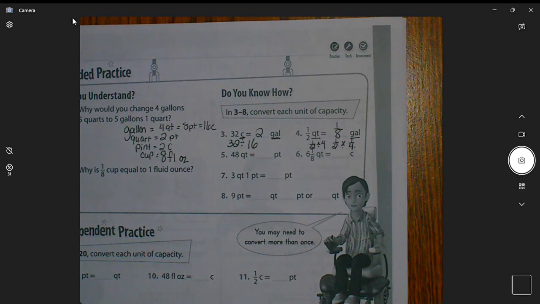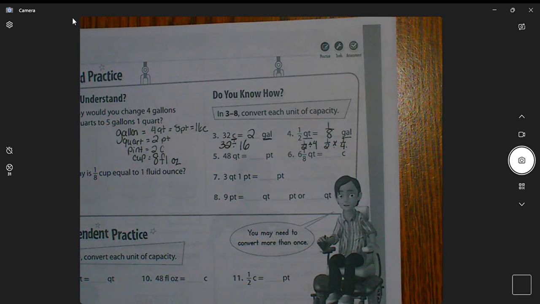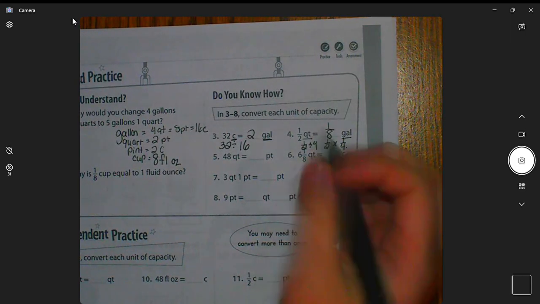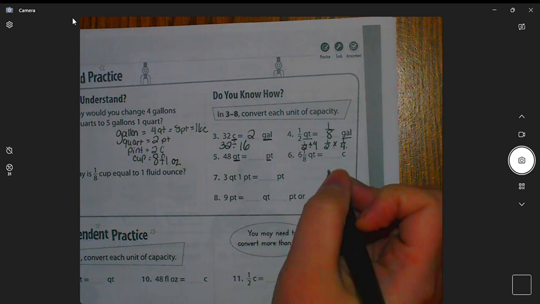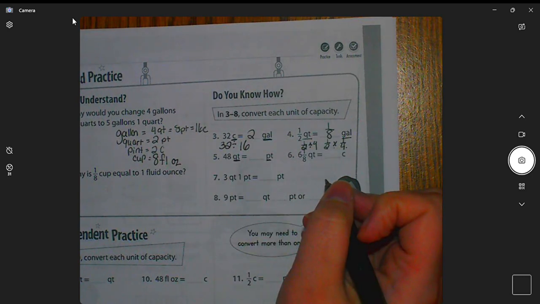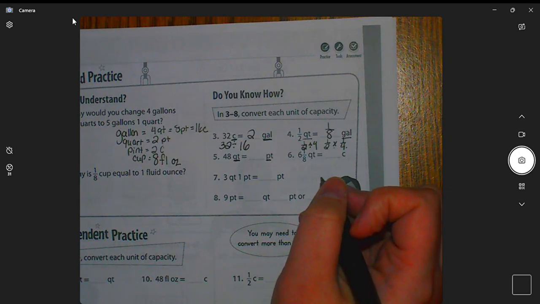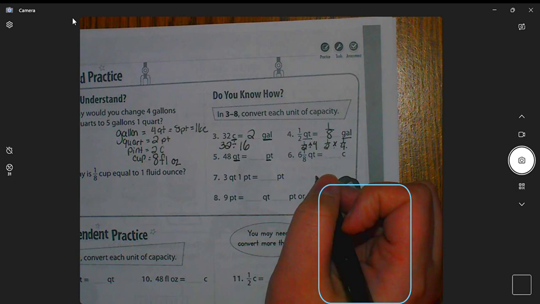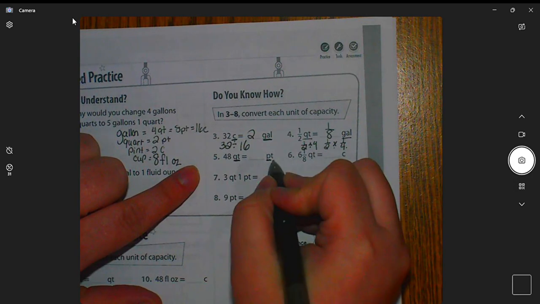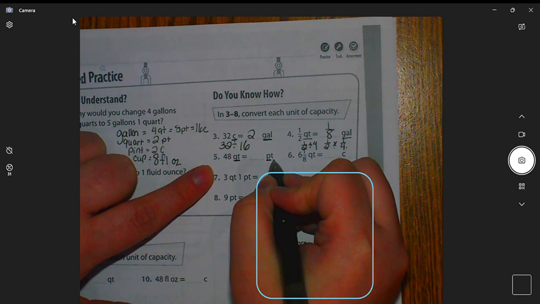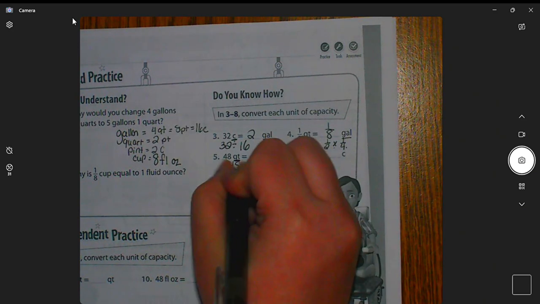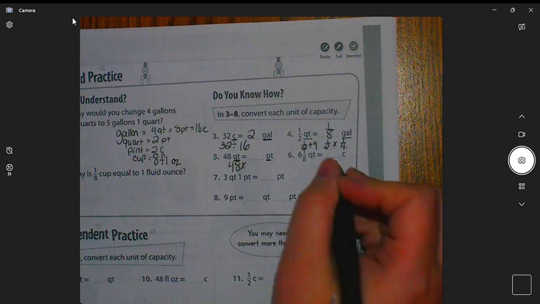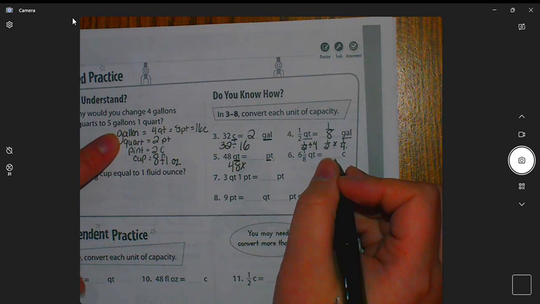Number 5, 48 quarts equals blank pints. I'm going from quart to pint. So to go from big to little, I have to multiply. I have to see how much of the little item will fit inside this big item. So 48 times how many pints are in a quart? What does our chart say?